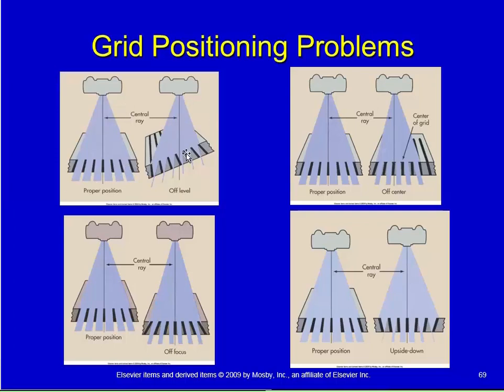If you have an off-level grid, off-level means tilted, regardless of whether it's a tilted parallel grid, tilted crosshatch grid, or tilted focus grid, your central ray is pretty much going to broadside your lead strips. So you're going to have significant grid cutoff all the way across your image. So it gets bad.